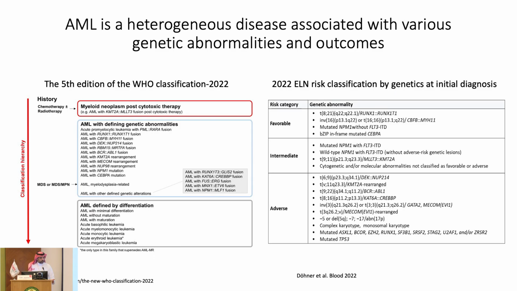So AML is a heterogeneous disease. It's a genetically defined disease, so we rely heavily on the genetic profiling of AML to subclass the type of AML as well as for risk stratification.